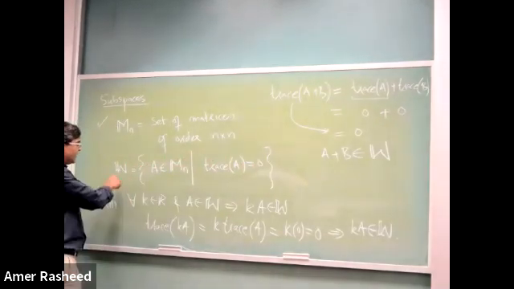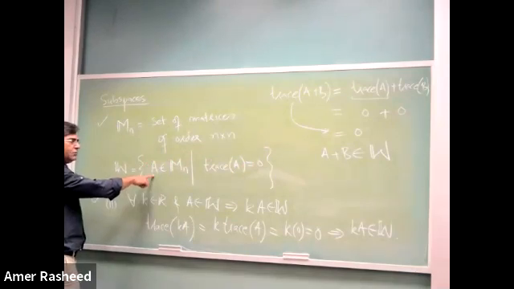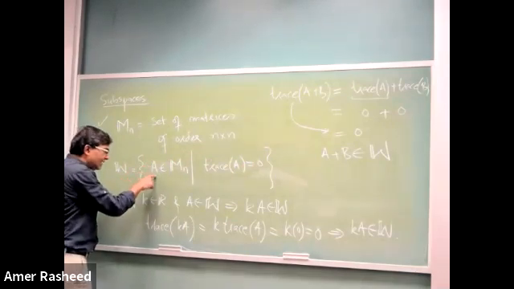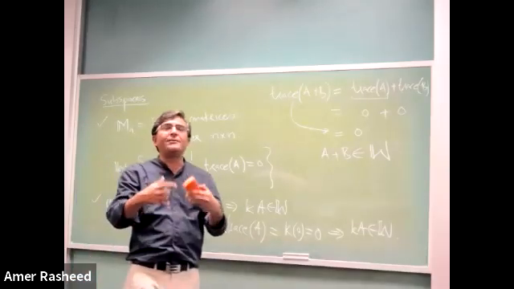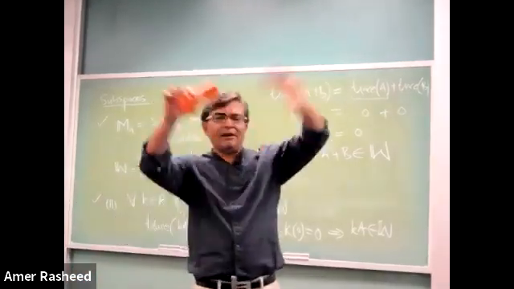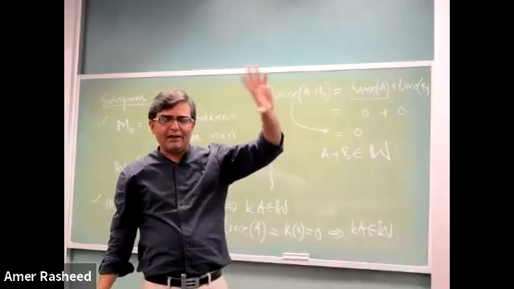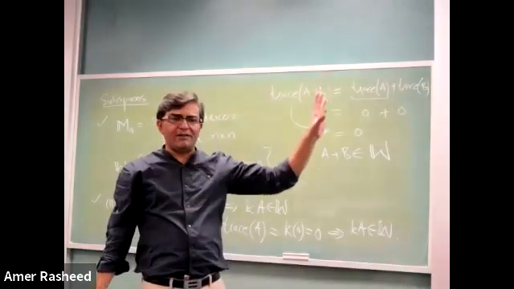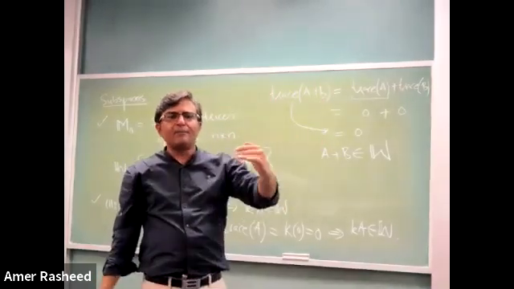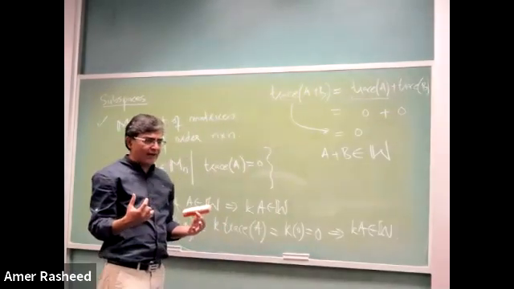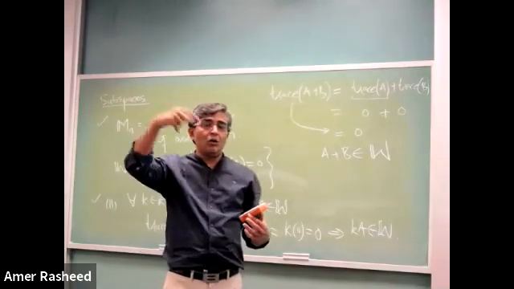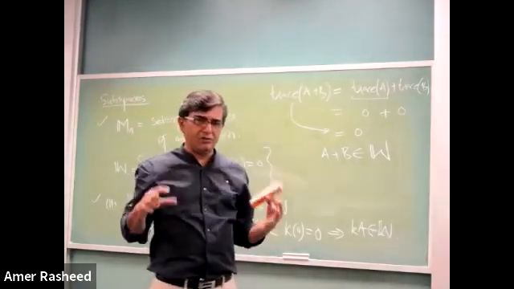Now, what is the condition on the elements of W? W is a subset of Mn. Mn is a bigger, larger set. It contains all the matrices of order n, but you are choosing only those matrices of order n from Mn which have trace equal to 0.